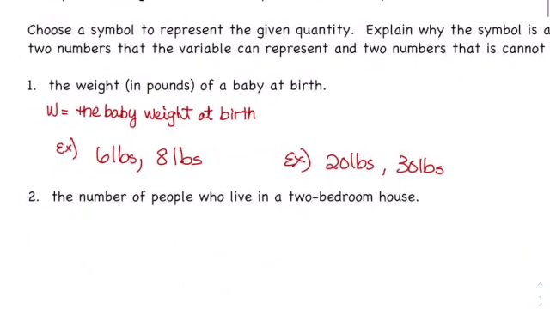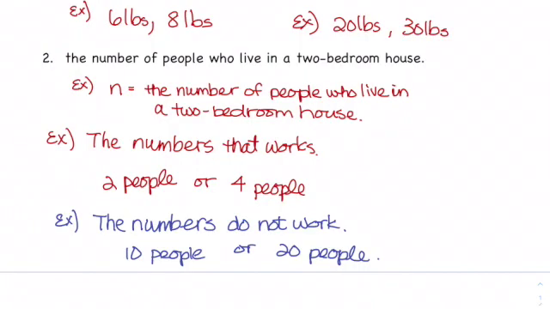Example number 2, the number of people who live in a 2-bedroom house. Please use example number 1 as your guide, pick a letter for example number 2, and give me 2 numbers that work and 2 numbers that do not work. My letter is going to be N. You could use X; you don't have to follow mine.